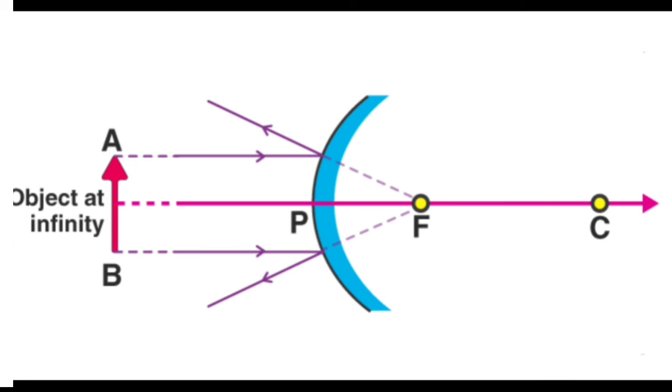For convex mirror, similar to the concave mirror, if we consider an object at infinity, which is very large, then from this object, if we consider two rays which are parallel to the principal axis, after reflection they will be diverging away.